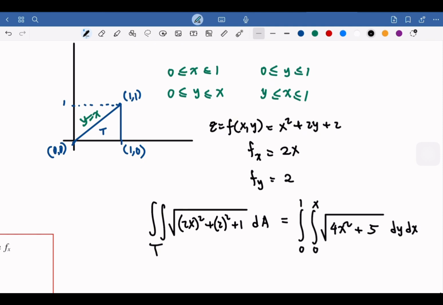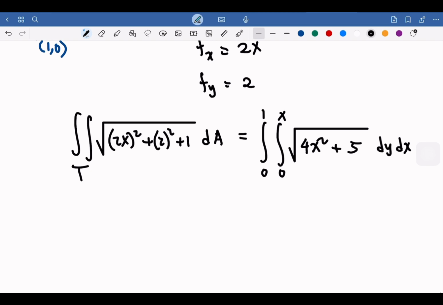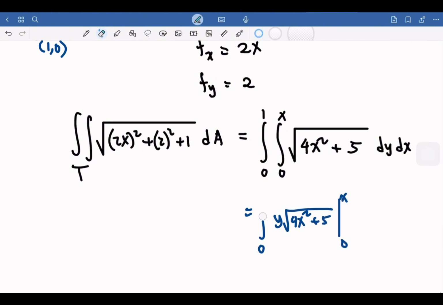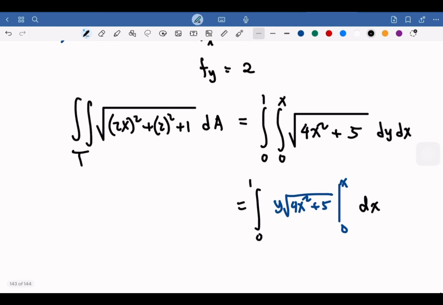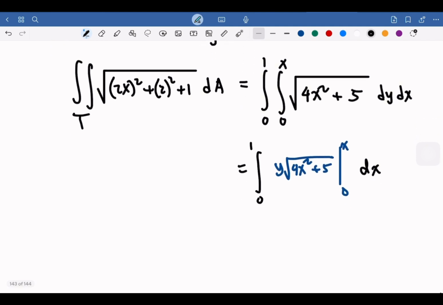Right? So let me just give some review here. So we could take this. Let's say we try to integrate this. This will be y. Multiply with that, and don't forget to get the 0 to x, or let me write this with the black, and then we still have the x, and plug in x to y.